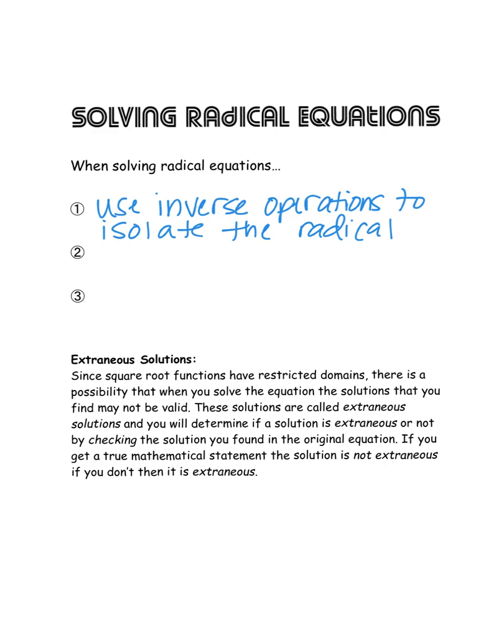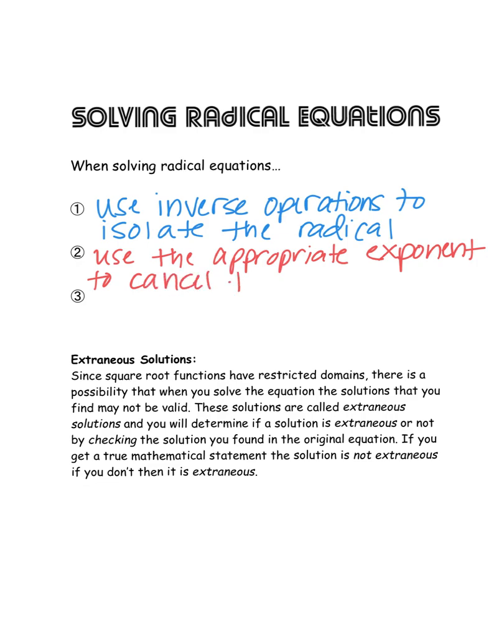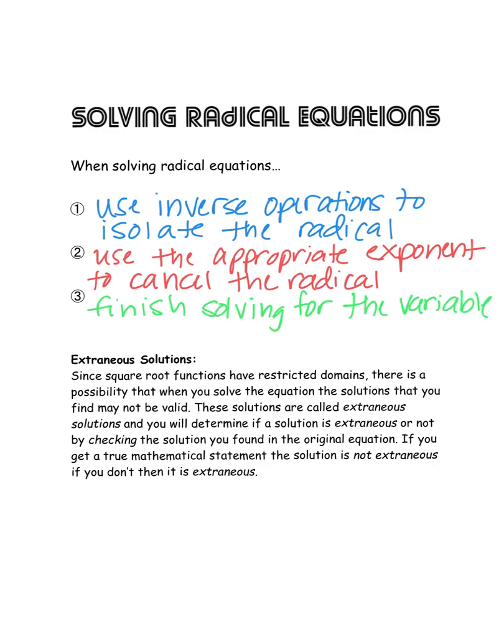Once the radical is alone on one side of the equal sign, you will then use the appropriate exponent to cancel the radical. Finally, you will finish solving for the variable, then check the solution.